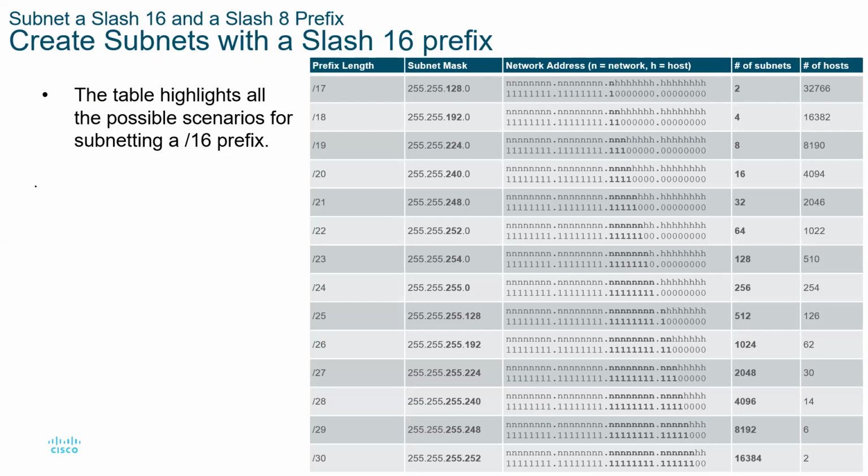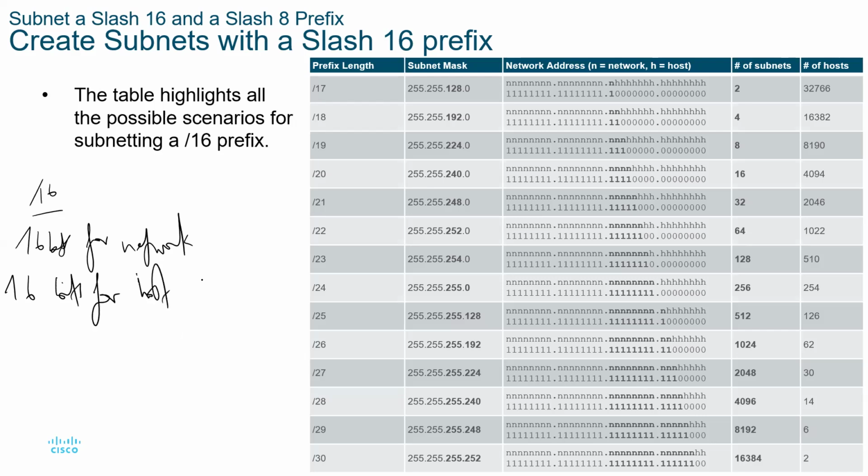If we have a /16 network, it means I have 16 bits for the network portion, for the network address. I also have 16 bits for the host portion, starting point. Right. If I want to subnet, I will have to borrow bits from the host portion.